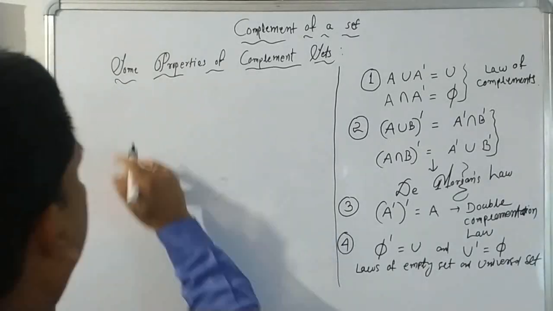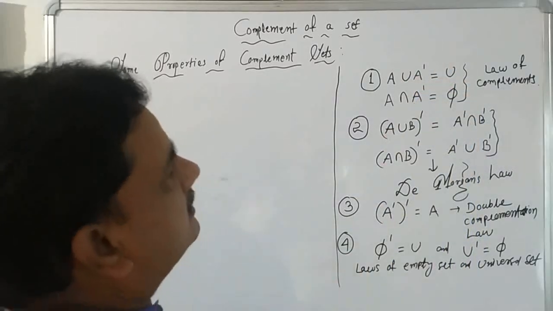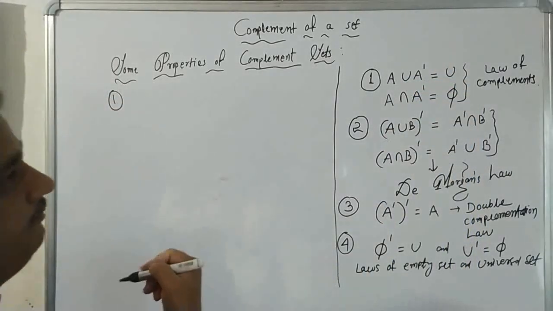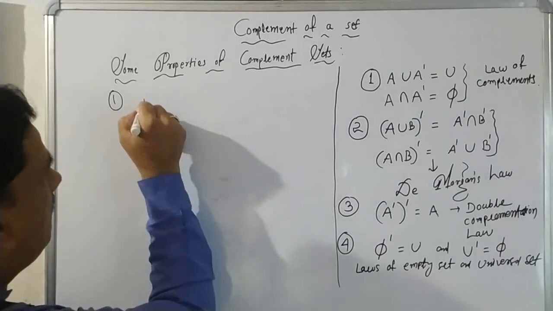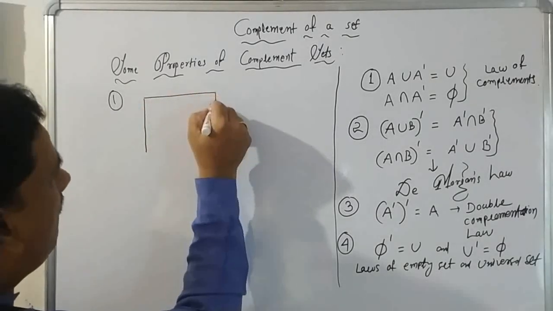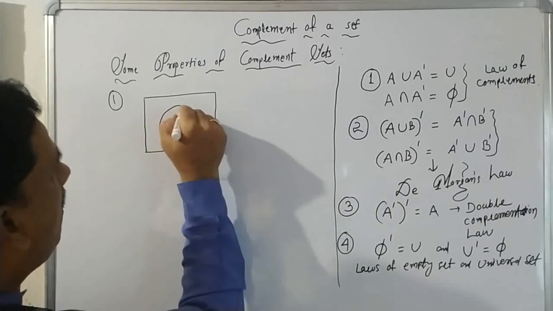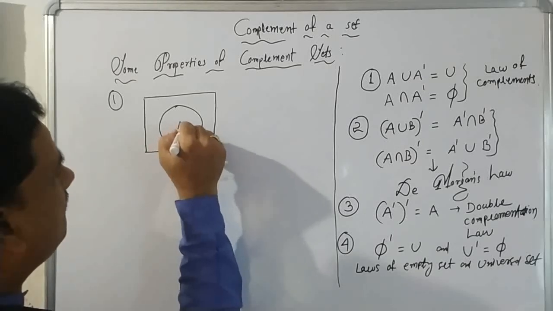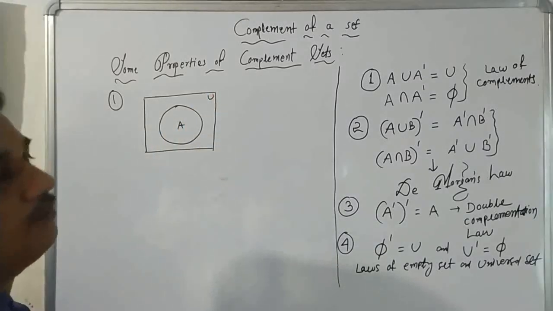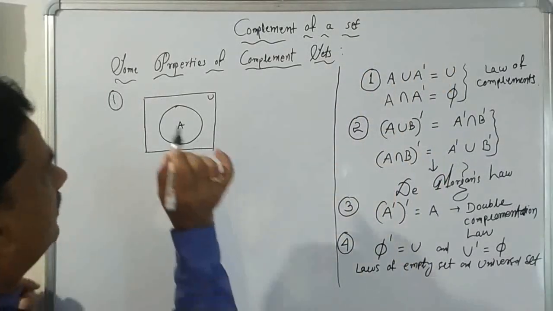First, A union A dash is equal to U. This is A, and this is A union A dash. So what is A here?